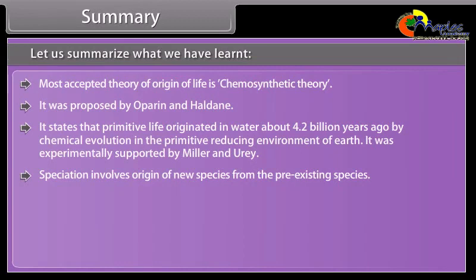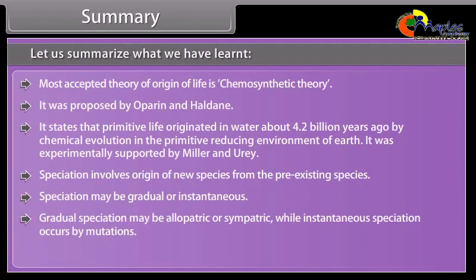Speciation involves origin of new species from pre-existing species. Speciation may be gradual or instantaneous. Gradual speciation may be allopatric or sympatric, while instantaneous speciation occurs by mutations.